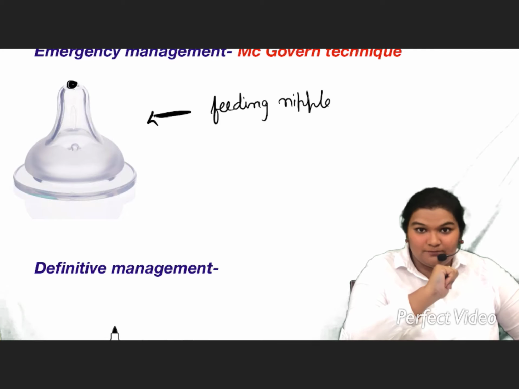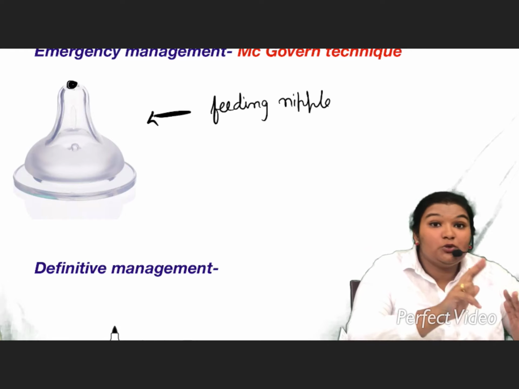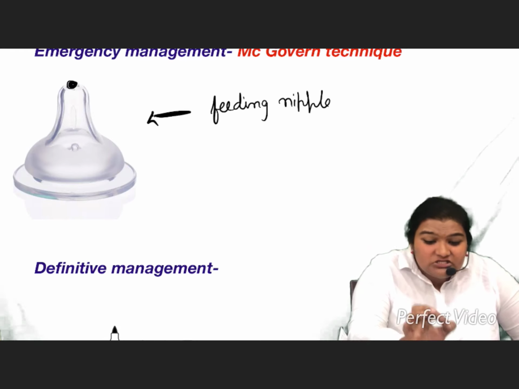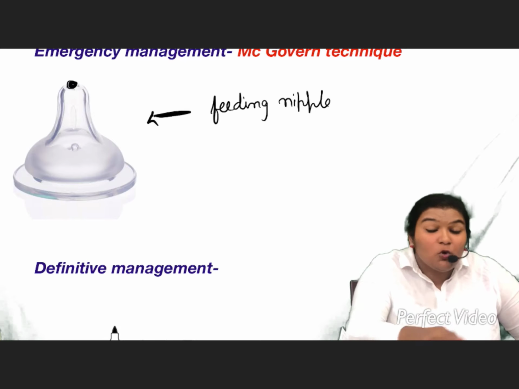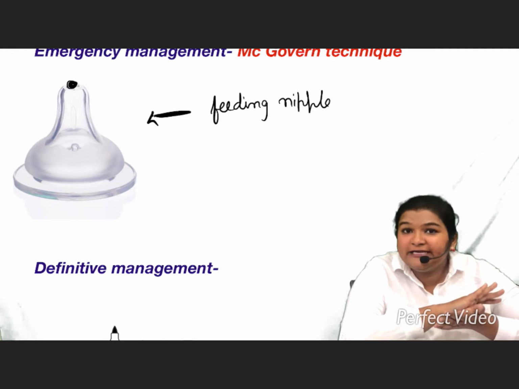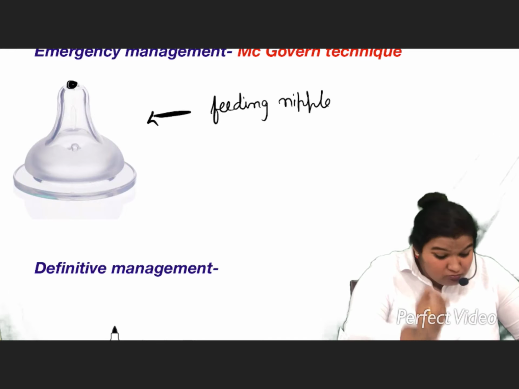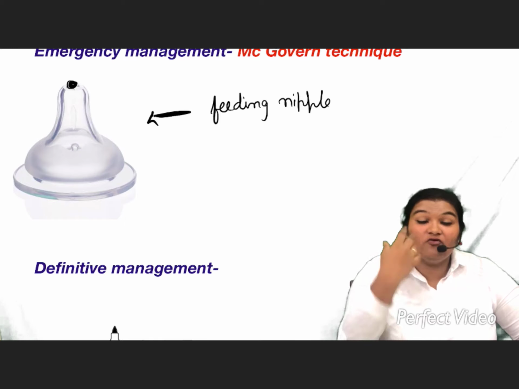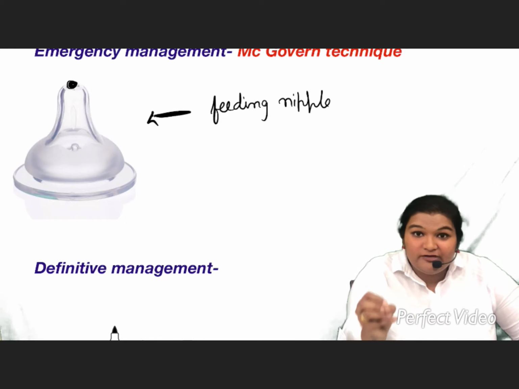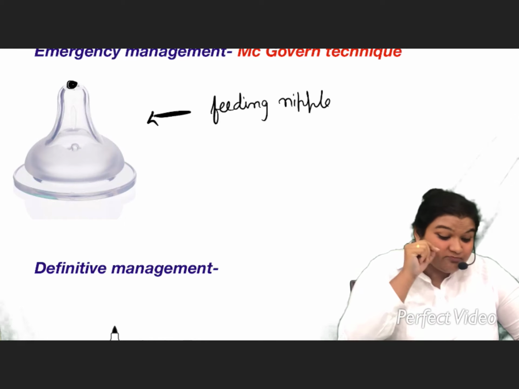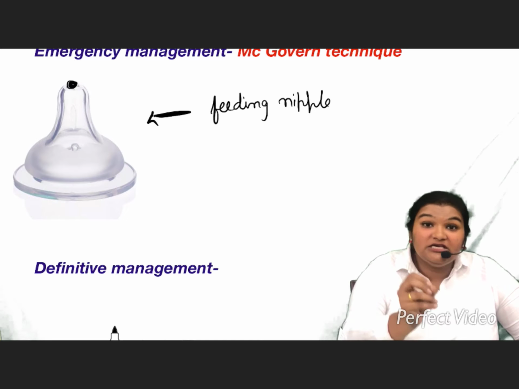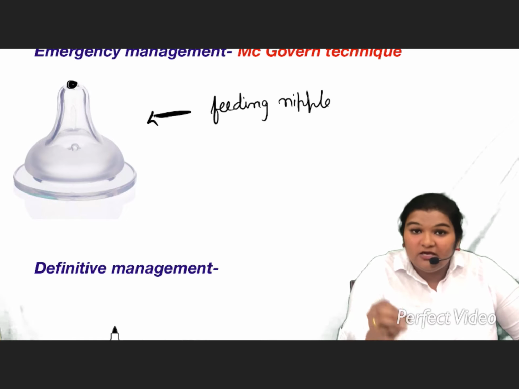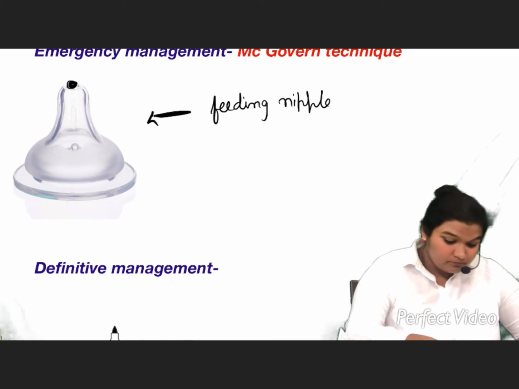But the baby doesn't know that. Babies only know that they can breathe through the nose. They have no idea that they can breathe through the mouth. Hence it's our work to make them breathe through the mouth. Hence this McGovern technique is used.